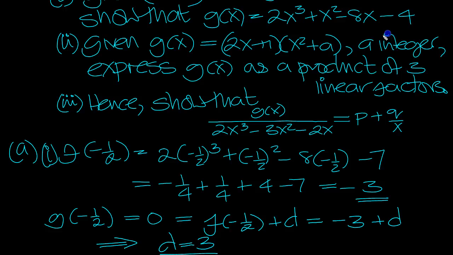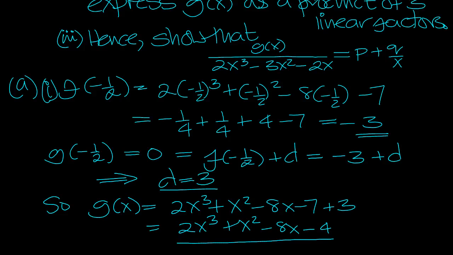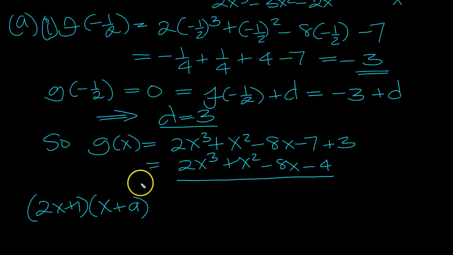a is an integer. Express g of x as a product of linear factors. So we're given this, and we know g of x is this. So we can make this equal to that then, and see what comes out. So 2x plus 1 times, was it x squared plus a, is equal to g of x, 2x cubed plus x squared minus 8x minus 4.